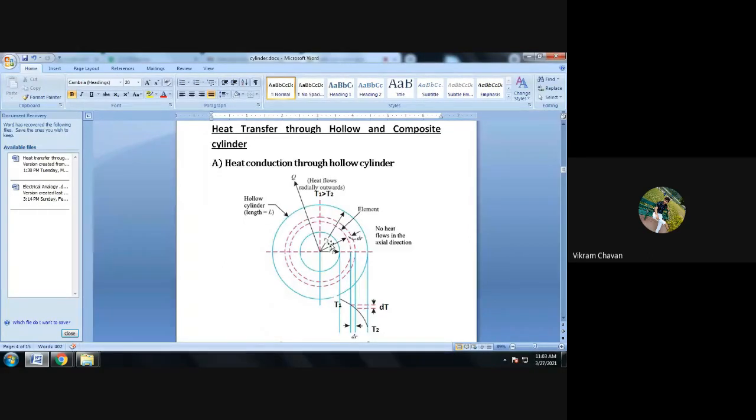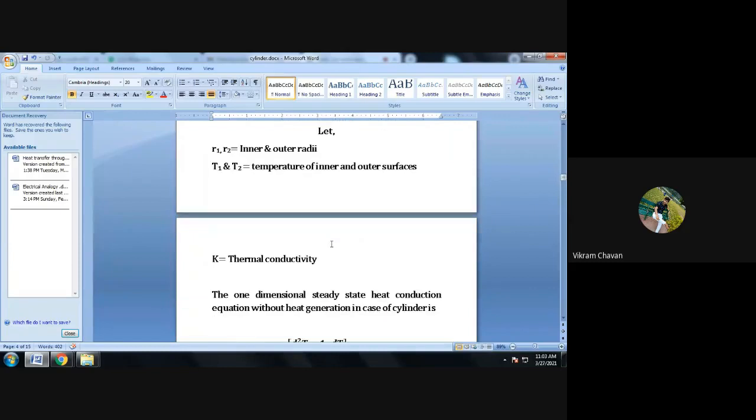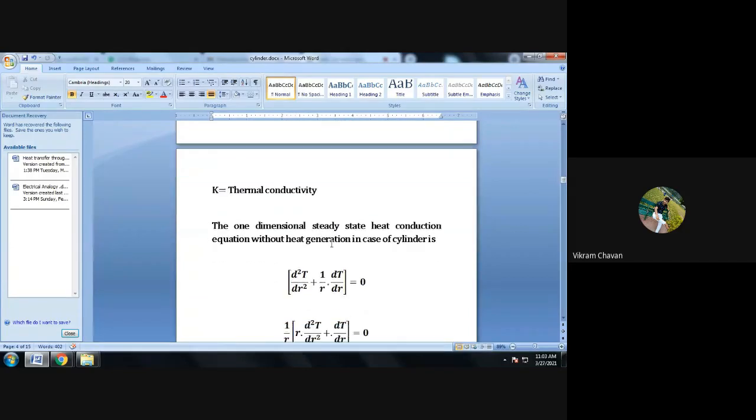Further, we considered the one-dimensional steady state heat conduction equation without heat generation in the case of a cylinder. This equation is d2T/dr2 plus 1/r multiplied by dT/dr equal to 0. We derived that equation from the general heat conduction equation in cylindrical coordinates.